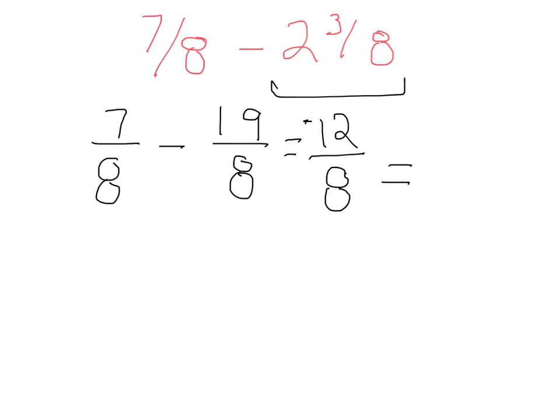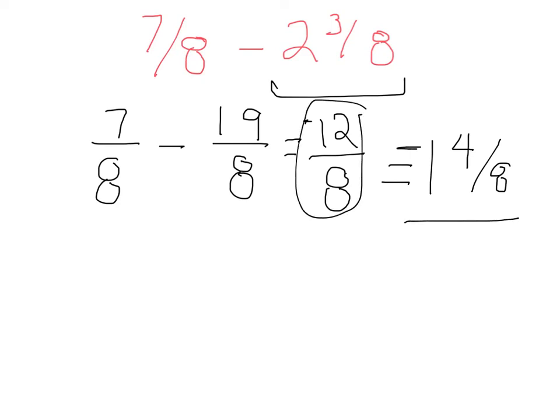So 8 goes into 12 one time with a remainder of 4 over 8. And don't forget your negative right here, because it was negative here, so it needs to be negative here. And we can reduce 4/8 down, so we have -1 and 1/2, because 4 is half of 8. So this is going to be our final answer right here.